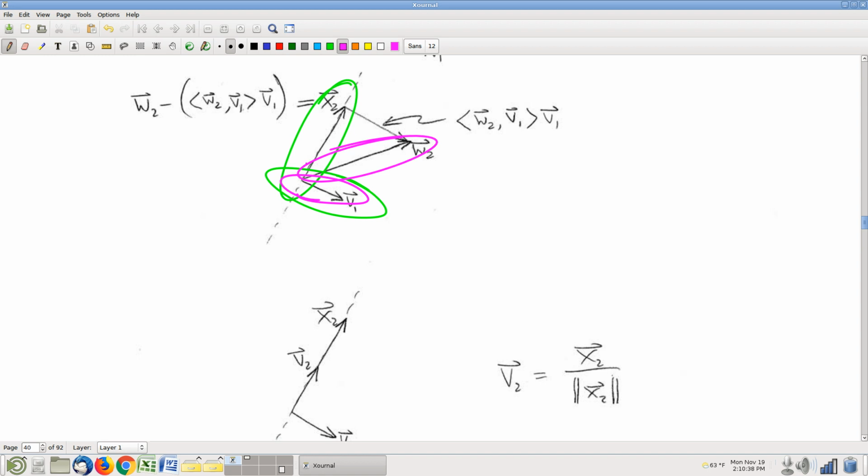So what happened here? Well, if I look at all of this in coordinates with respect to the original basis, notice that I'm effectively multiplying by a matrix. The first vector remains the same. The second vector, I'm still keeping W2, so my second component is still going to be 1, and then I'm subtracting a certain formula.